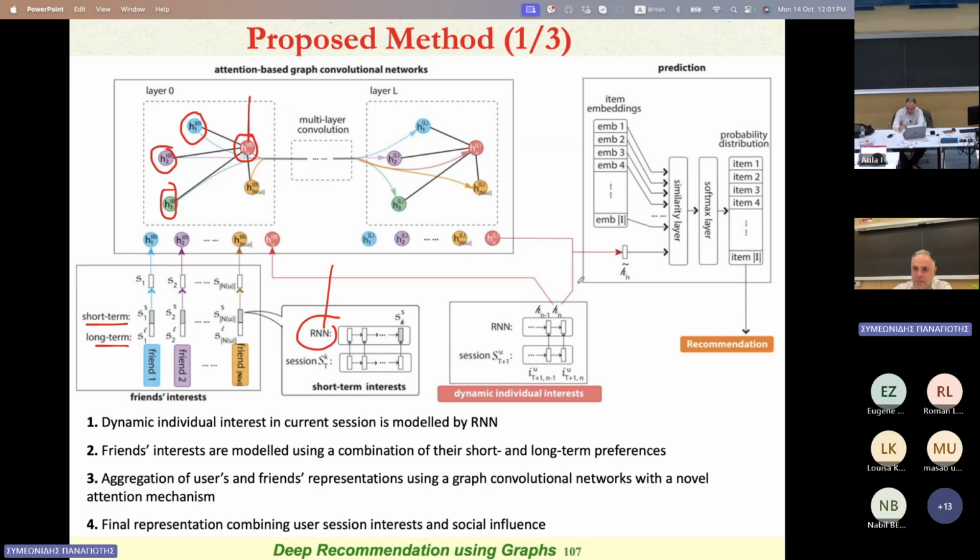and in the end, they create different item embeddings. For every item, they have a compact representation, and they use this in order to have an item-item similarity representation here, a softmax again, and in the end, the probability that an item will be clicked next.